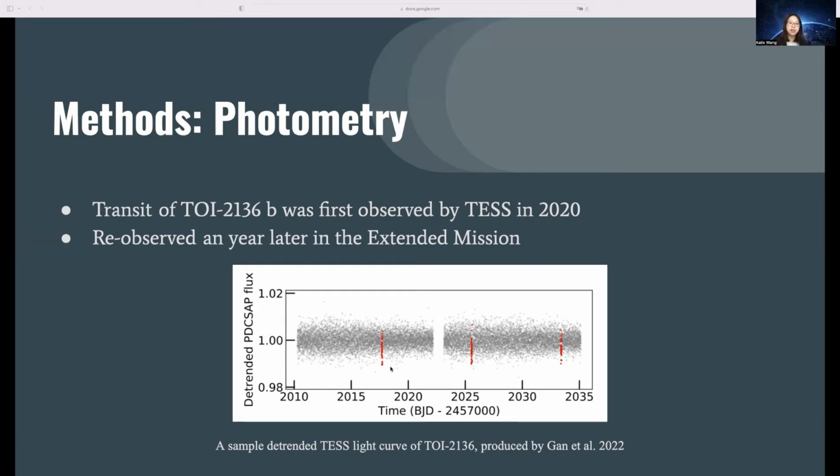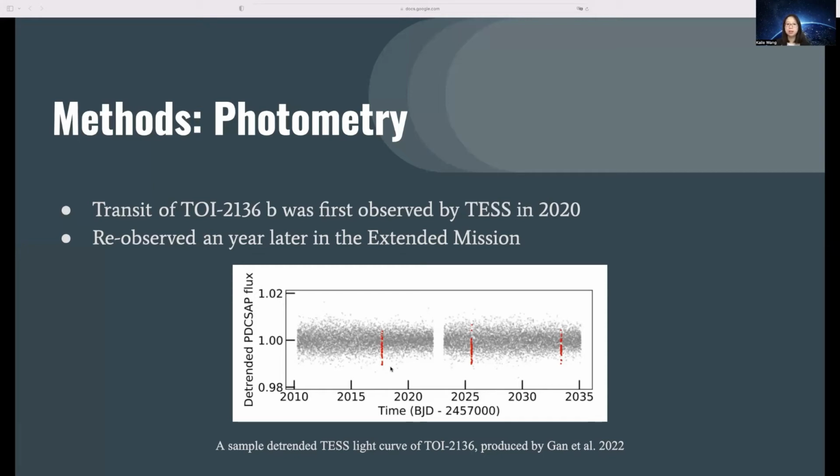So to further validate the existence of the planet and to rule out the false positive caused by eclipsing binaries, follow-up ground-based photometry and high-resolution images were taken. Finally, after all these processes, the authors were able to conclude that the transit is on target and there is no companion around TOI-2136.